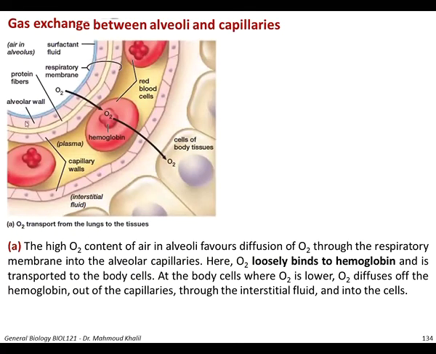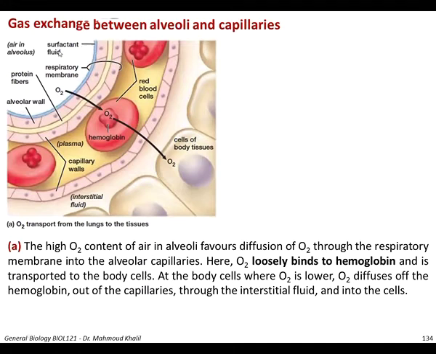Again, a closer look: you can see the oxygen present in the alveoli will move to the hemoglobin inside the red blood cells. You can see very obviously how the capillary wall is one cell thickness, how the alveolar wall is one cell thickness, and how they are glued together by protein fibers.